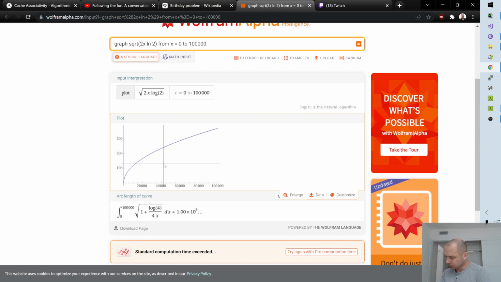Now, the thing that I'm not sure about is that we already mentioned that my reprobe strategy is still suboptimal and generates some collisions.